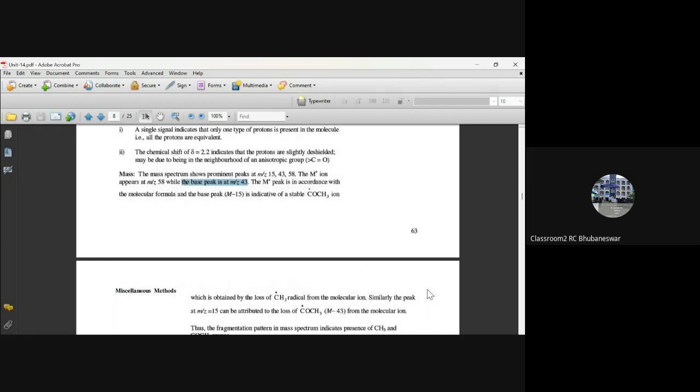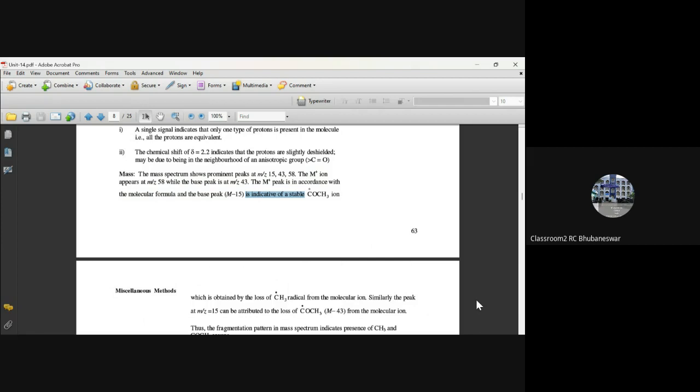So you get the M plus molecular ion peak at 58 and the base peak at 43. The M plus peak is in accordance with the molecular formula, and the base peak is indicative of a stable COCH3 plus ion.